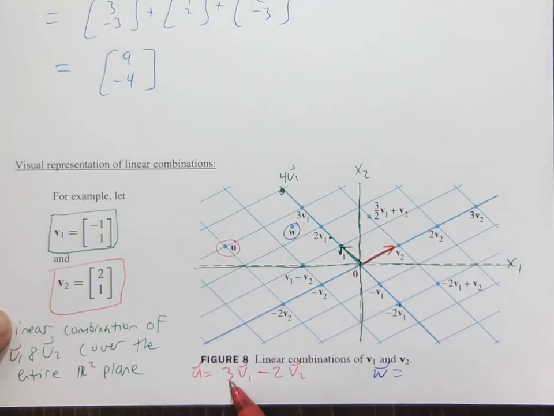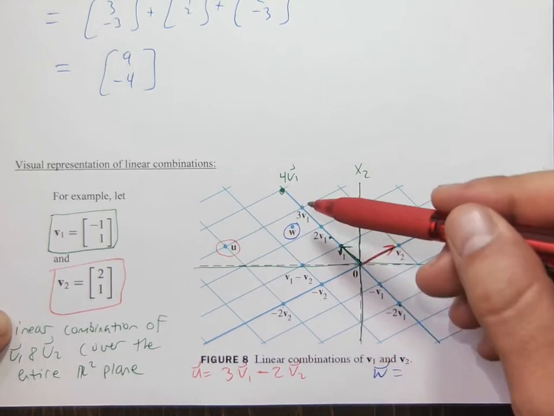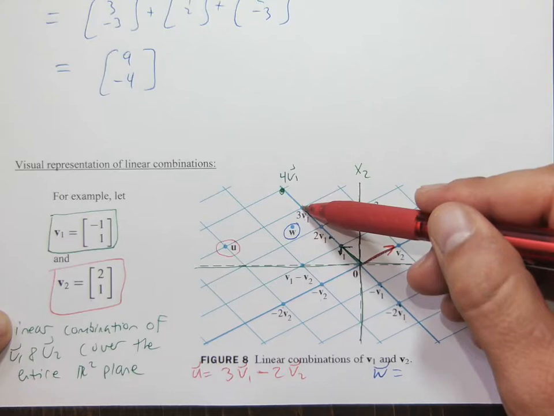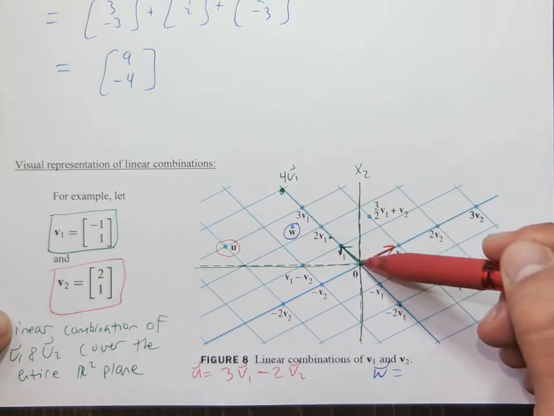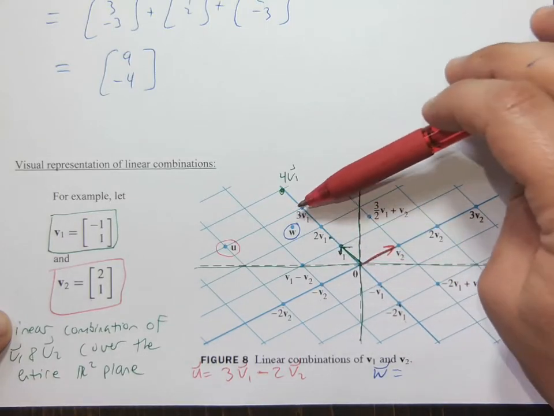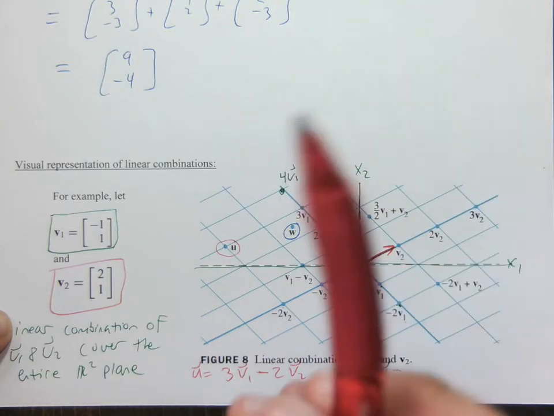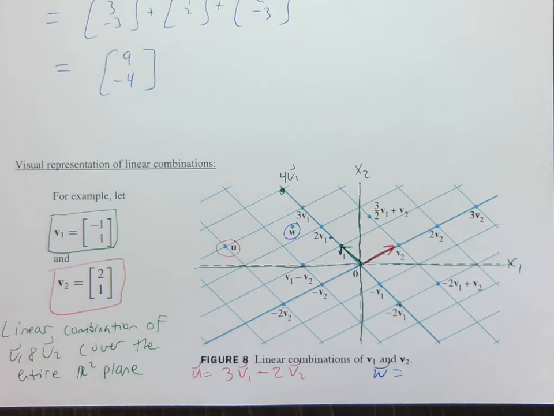So let me do that again. 3v1 would be 1, 2, 3. You can see it's labeled right there, right? And then if we go 2 steps in the minus v2 direction, well, minus v2 is going this way. So here I am at v1. I'm going to go 1 step in that direction, 2 steps in that direction. So to get to u, I go 3v1 minus 2v2.